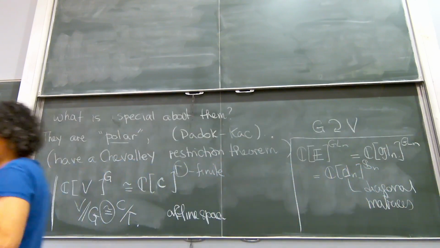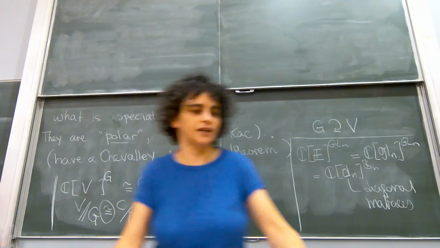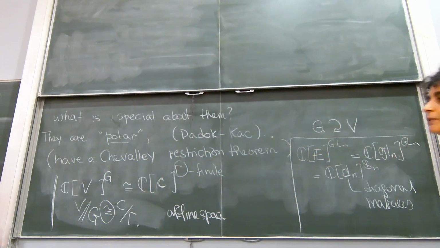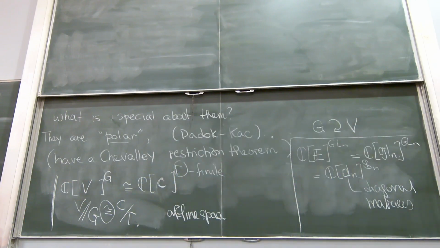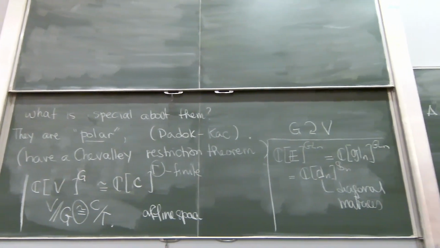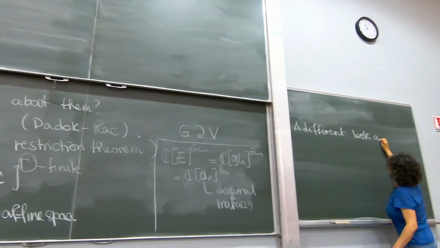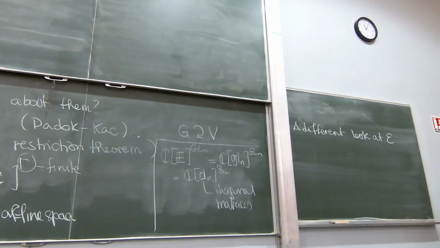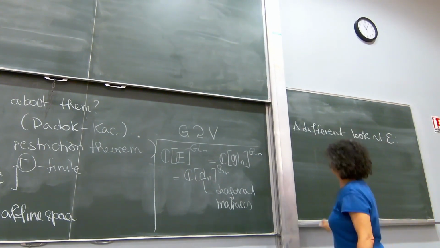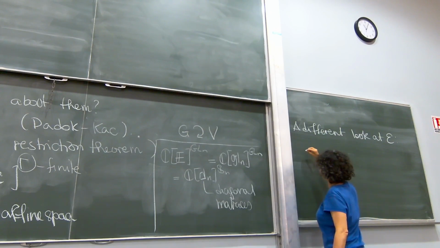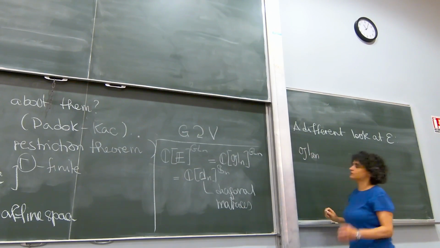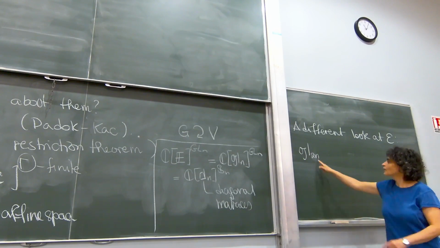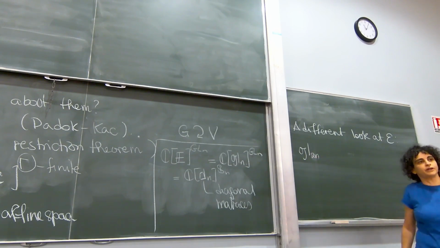Okay, and in order to explain what the space C for the exotic module would be, I would like to give you another interpretation of this module. So, a different look. Consider GL2N, so it's just 2n by 2n matrices and the adjoint action on it.